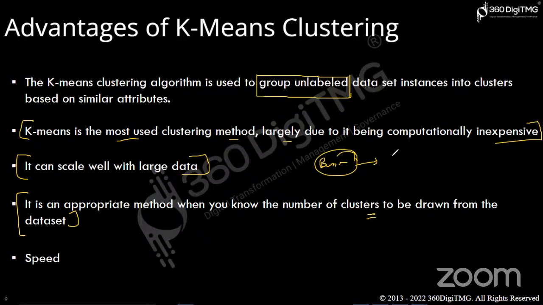The business stakeholder who gave this project may ask you to give 3 clusters, so you are going to work on 3 clusters. But based on the complete analysis, you can also experiment with the number of clusters and suggest that maybe you should take 4 clusters, then you can get better results. That we can do, and it is speed.